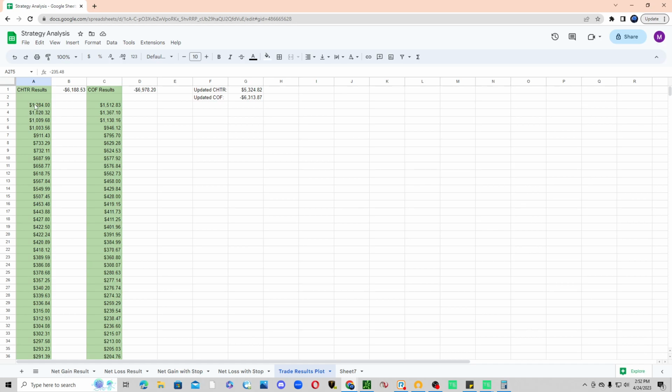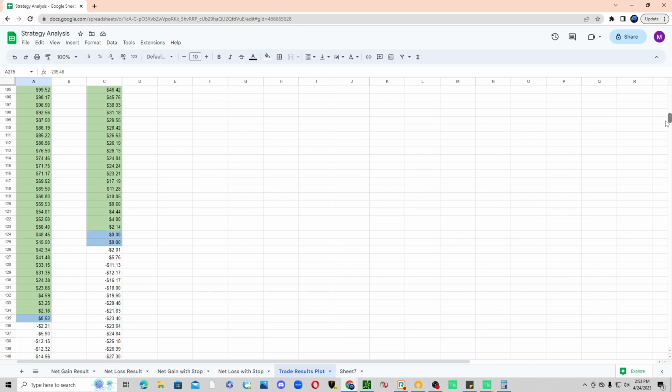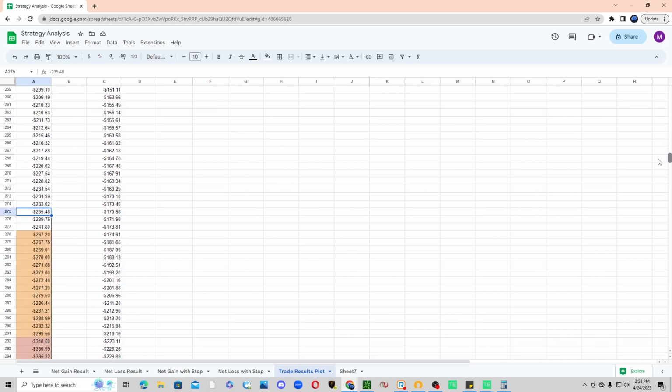Maybe it did go $300 negative first and then suddenly went $1,200 in favor, but most likely it did not. Most likely it would have cut itself off somewhere around here if we made it cut itself off. In other words, most likely it never got this far down and then went positive. Most likely it got this far down and kept going negative.